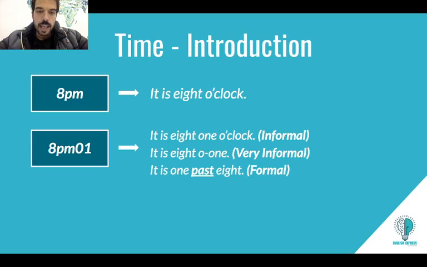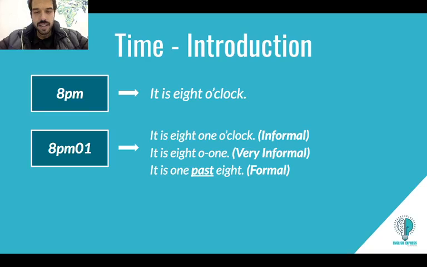Okay? The first one is it is 8 o'clock one, right? This is informal communication, okay? This is the one that you can talk to your friends, can talk to your family, and in informal situations, right? The second one is it is 8:01, okay? This one is very informal, okay? This is not common, okay?